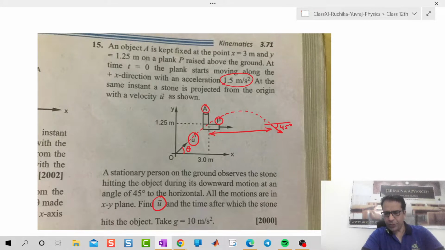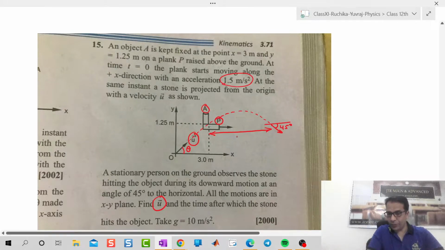So you wrote the equation for platform P, right? It has a horizontal acceleration, so in the horizontal direction the distance x equals ut plus half a t square, where u is 0 for this one. We have to determine the time t.